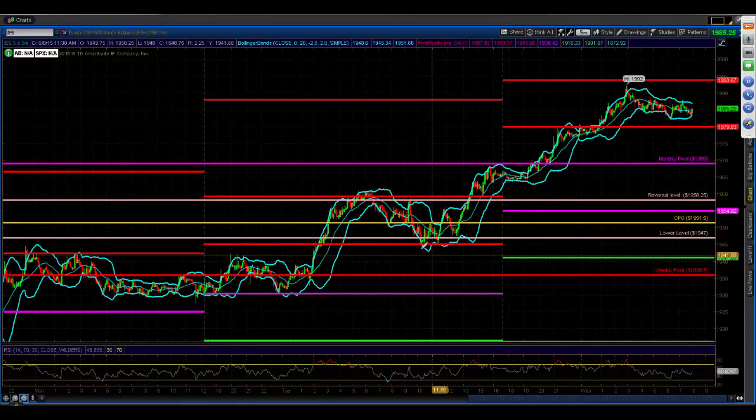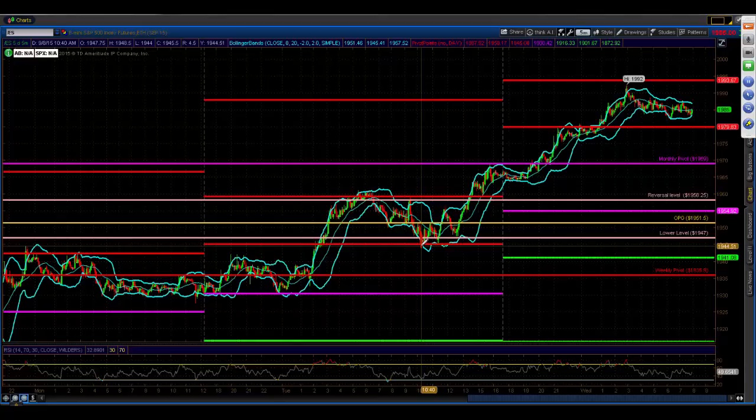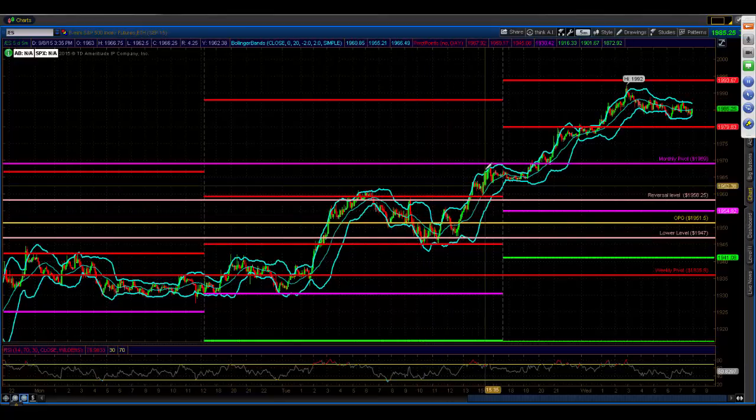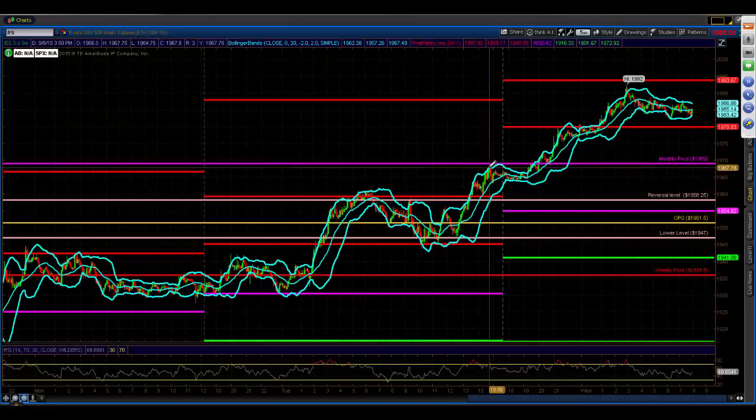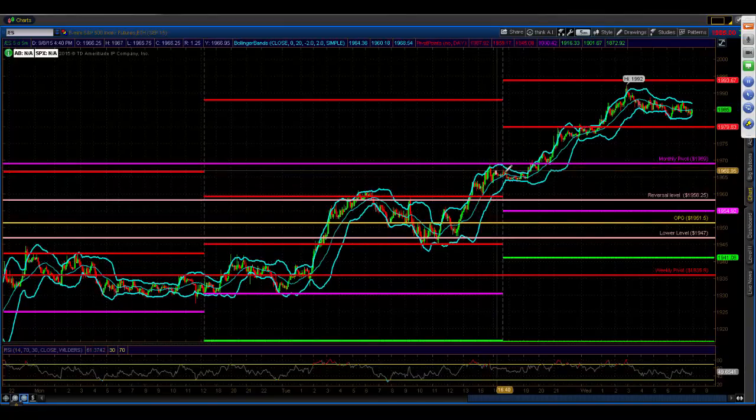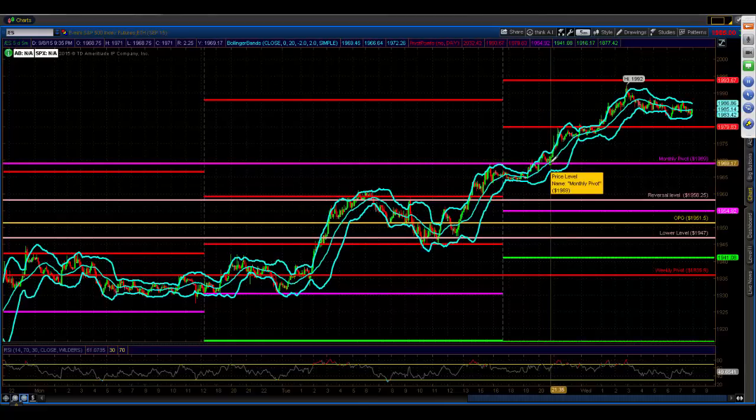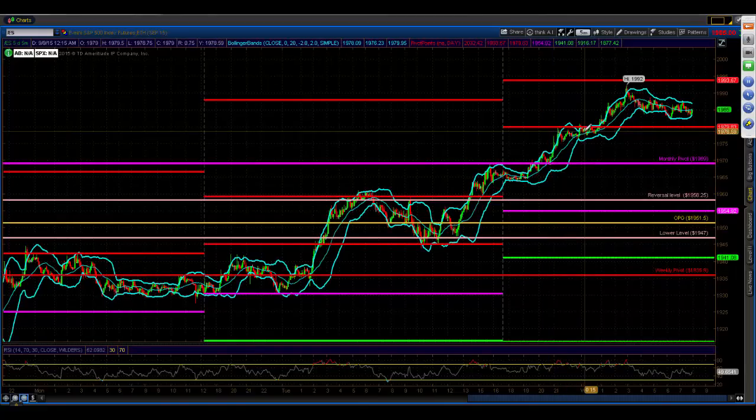It retested the area here around 44. Then it made the move during the course of yesterday's regular session up to 69, which is the monthly pivot for September. That was initially resistance. It was able to jump over that early in the evening last night, establish it here as support, and it hasn't looked back since.